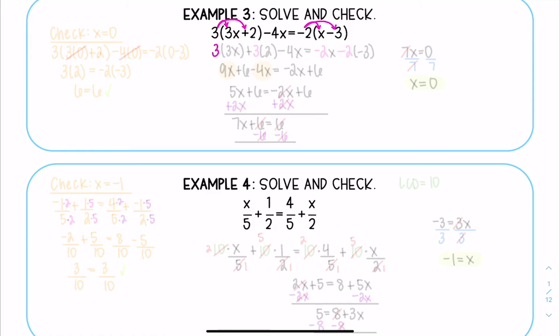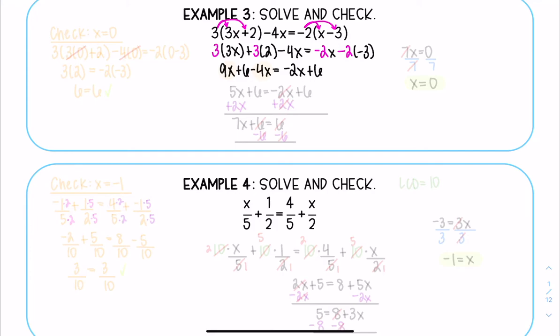So we have 3 times 3x, and we've got 3 times 2, minus that 4x equals, we've got negative 2 times x, and negative 2 times negative 3. So let's go ahead and simplify. We have 9x plus 6 minus 4x equals negative 2x plus 6.